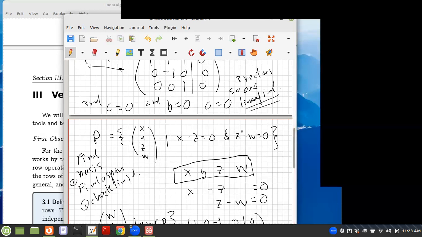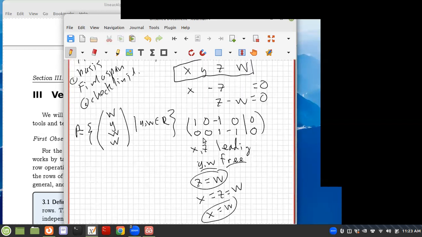We're given a space constrained by a linear system, so we want to write it as unconstrained, pull out the free variables, and see that it's y times (0, 1, 0, 0) plus w times (1, 0, 1, 1), such that y and w are members of R.